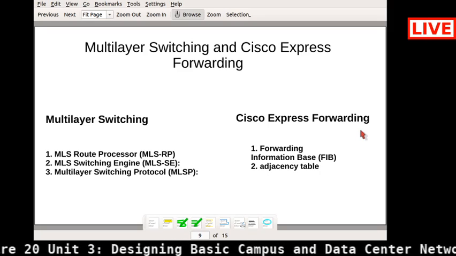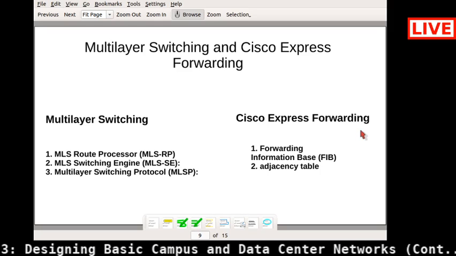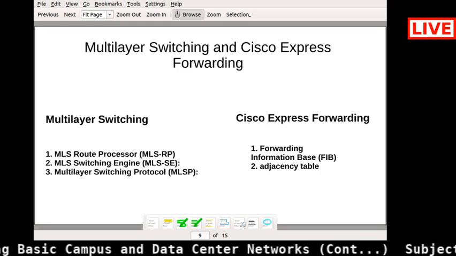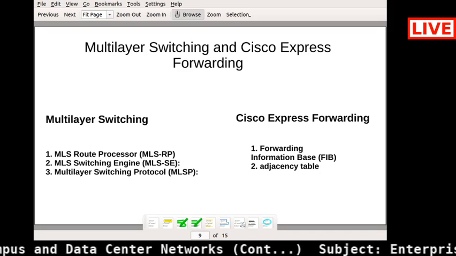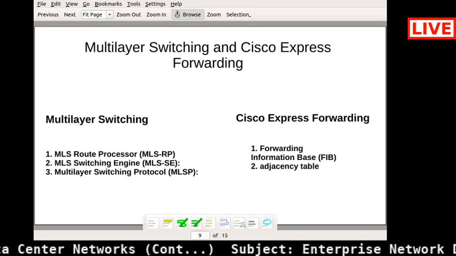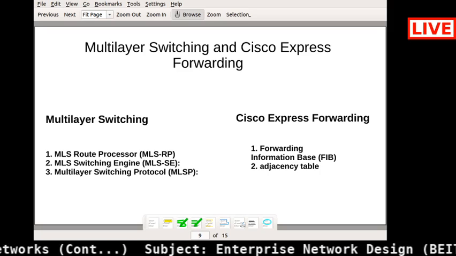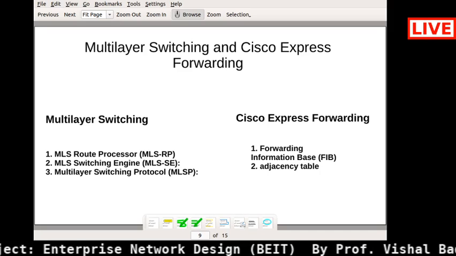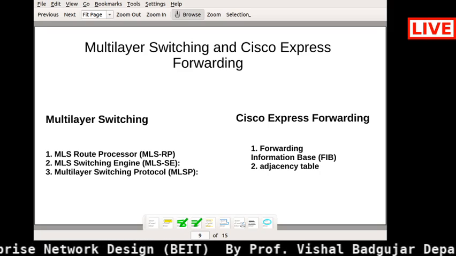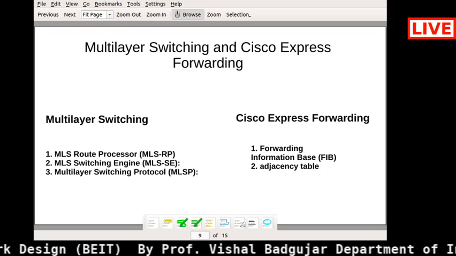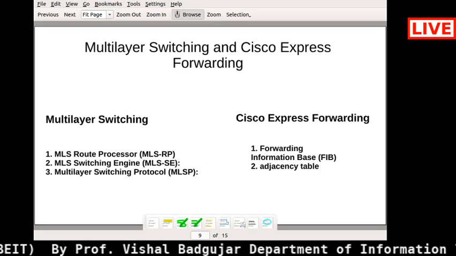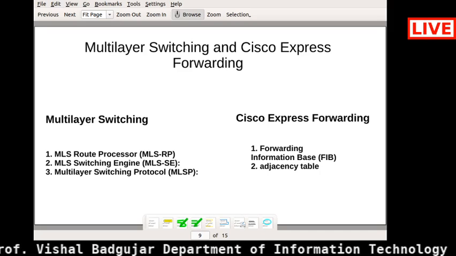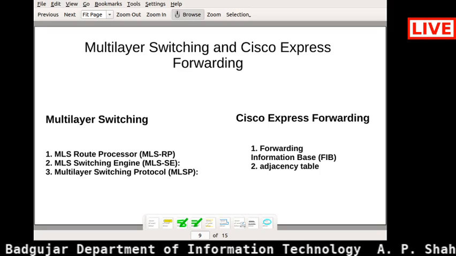A multi-layer switch has the capability to use information from different protocol layers. That is nothing but multi-layer switching, and we can also call it layer 3 switching.